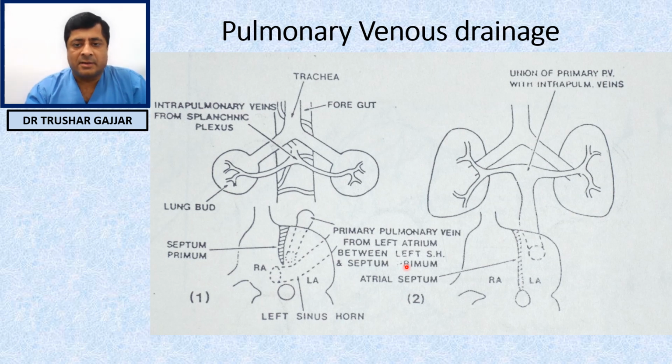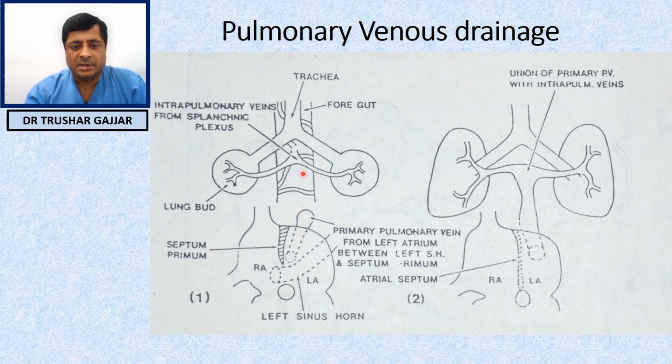So let us see development of pulmonary venous system. The pulmonary venous system develops from the splanchnic plexus in the lung buds. From the lung buds, the splanchnic plexus develops, which grows at the same time from the posterior wall of the primitive atrium, an outpouching develops.